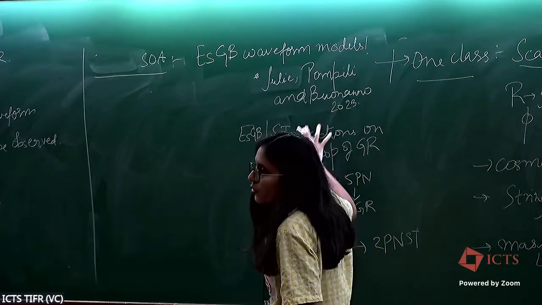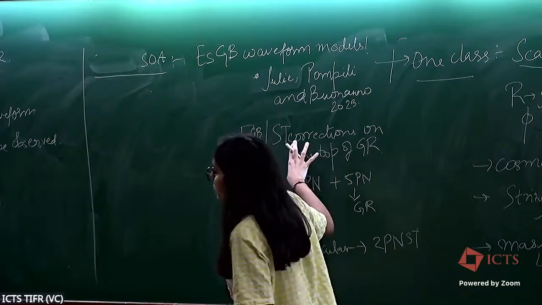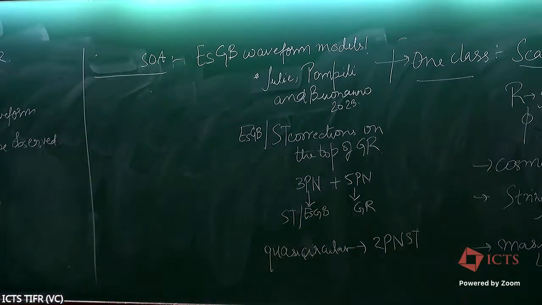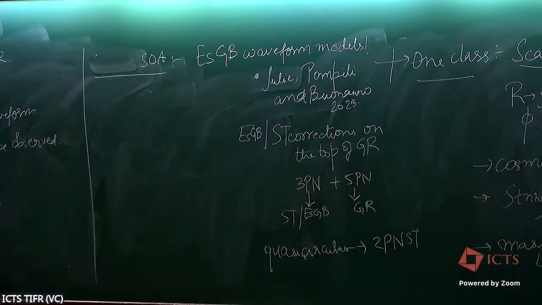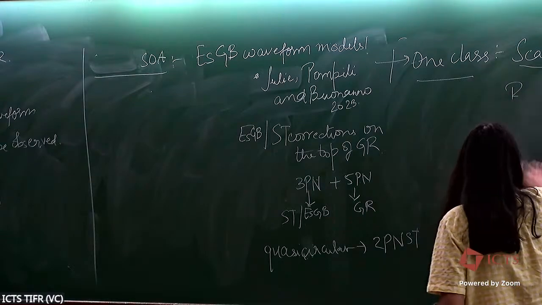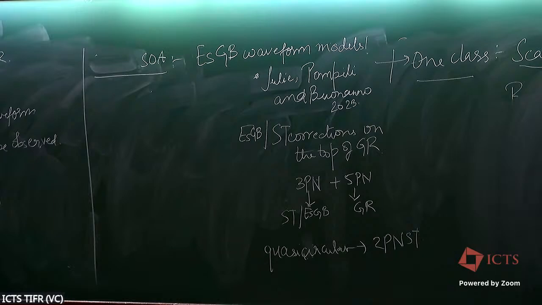And from these waveform models, it has been observed that the merger is faster, which is what we expect physically. And then this waveform model was in particular used to put constraints on the ESGB coefficients or the ESGB coupling constant.